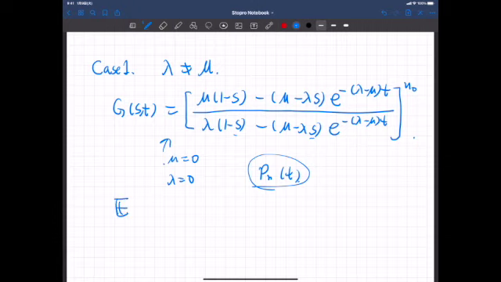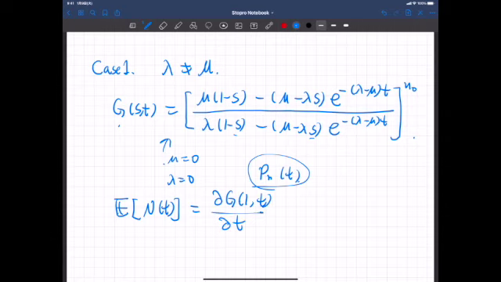For example, the expectation value of the number of individuals at any time can be calculated by differentiating this g with respect to s, then substituting s equal to 1. That is, the derivative dg/ds at s equal to 1, and this should be n0 e to the power of (lambda minus mu)t.